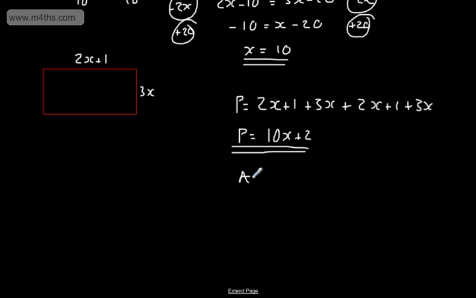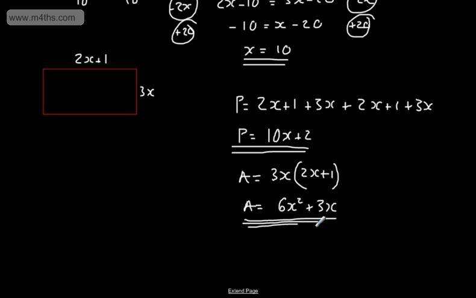An expression for the area is simply these two multiplied. So it would be 3x multiplied by 2x plus 1, which if they asked for in this form is fine. If they said go ahead and expand it, it would be 6x squared plus 3x. So that gives us a nice straightforward example.